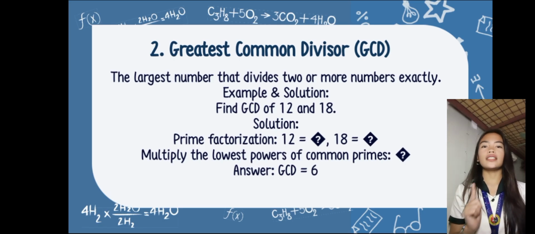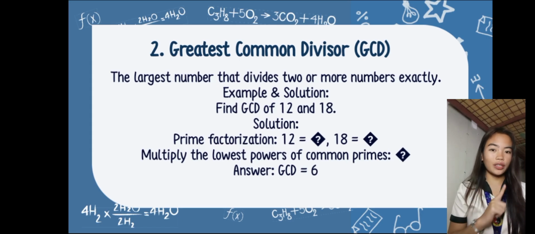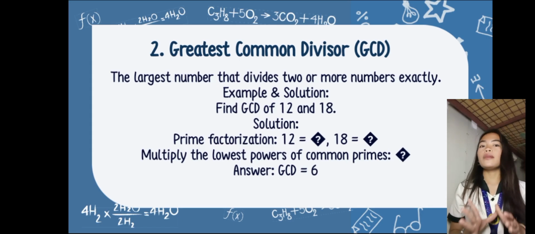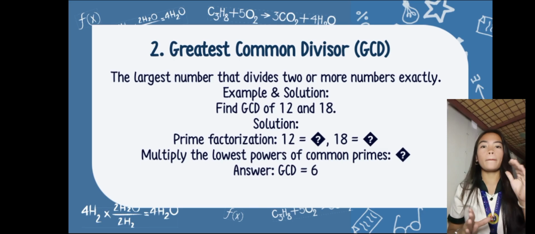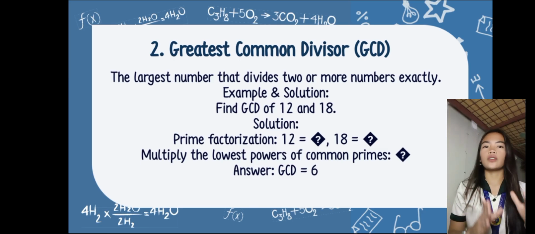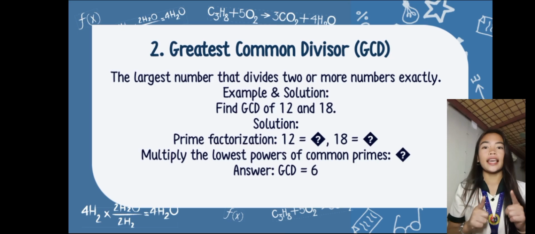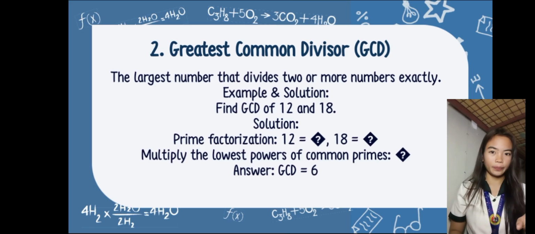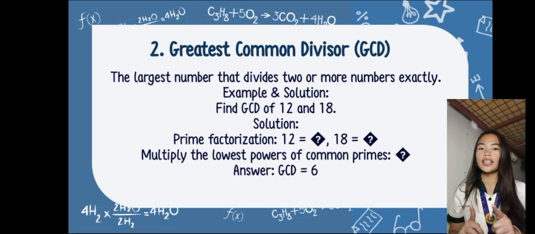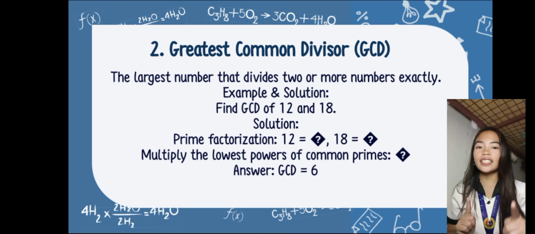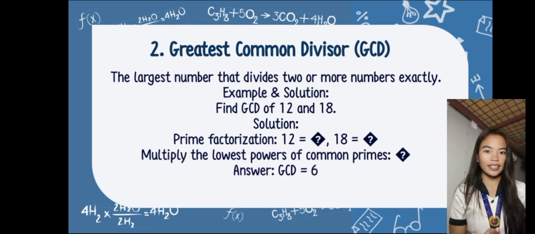So 12 is equal to 2 squared times 3, while 18 is 2 times 3 squared. We then multiply the lowest powers of the common prime factors. In this case, the common factors are 2 and 3. So, the GCD of 12 and 18 is 6.